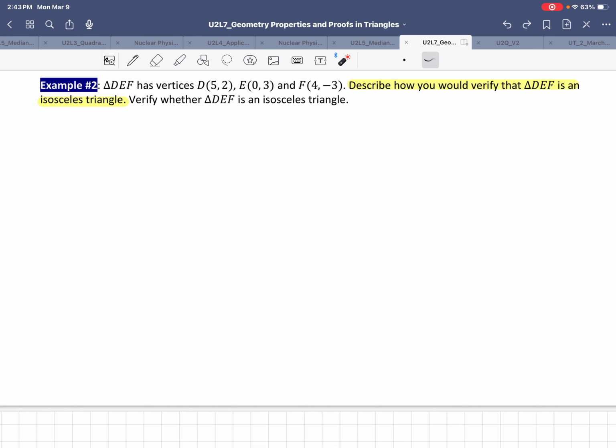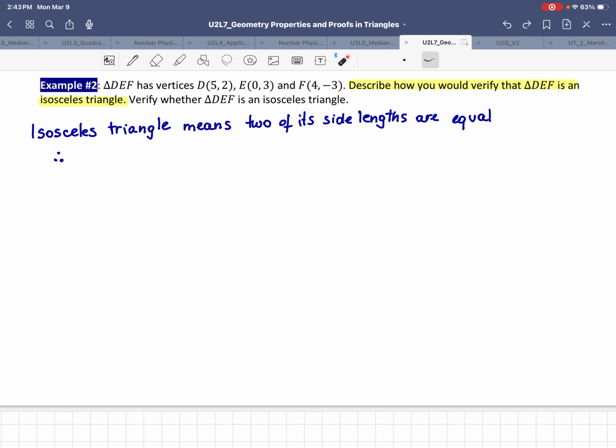So first we're going to start with a description. Now, the key word in our case will be isosceles triangle. So to verify that it is an isosceles triangle, we need to know what an isosceles triangle is first. So we're going to say that an isosceles triangle means that two of its sides would be equal in length.